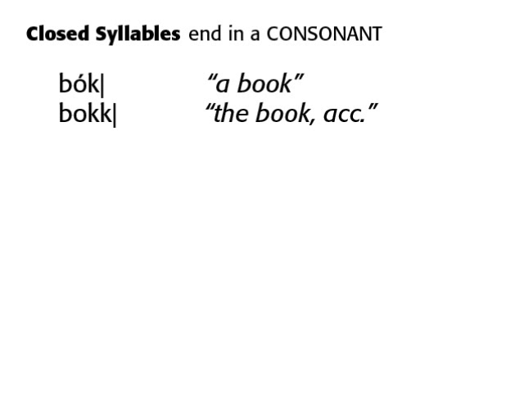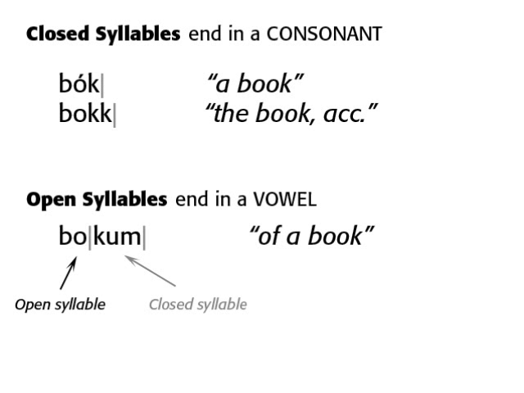So, in boak, the O is long since it has an accent. Bohk is short since there's no accent. However, in open syllables, that is, in syllables that end with a vowel, there's no need for an accent. Short vowels can't appear in open syllables.